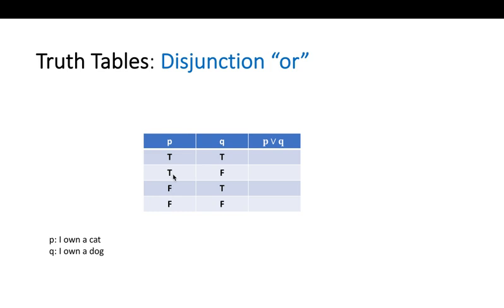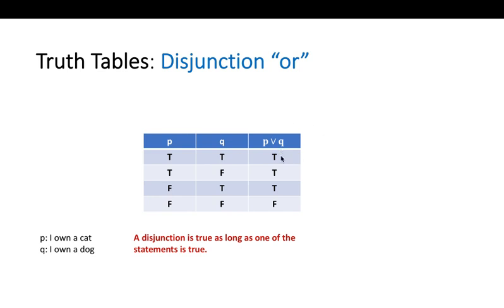It's true if you own a cat but not a dog, because the statement is saying, I own a cat or a dog. Well, you own the cat, so you own a cat or a dog. Same thing here. I don't have a cat, but I do have a dog, so I own a cat or a dog. That would be true. So all of these are true. The only time it's false is if you don't have either.